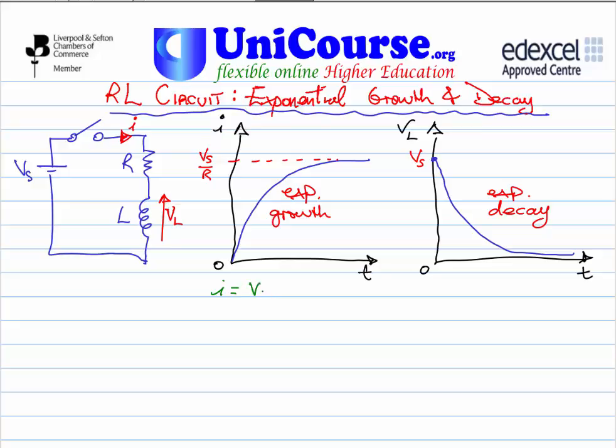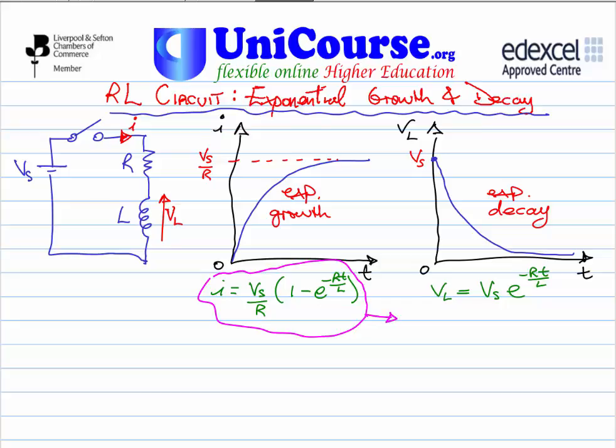So the current is the supply voltage Vs over R times 1 minus e to the minus RT over L, and the voltage on the inductor is given by the supply voltage times e to the minus RT over L. I'm particularly interested in the function for current, and what I would like to do is solve for L. In other words, I would like something that says L equals blah blah blah.